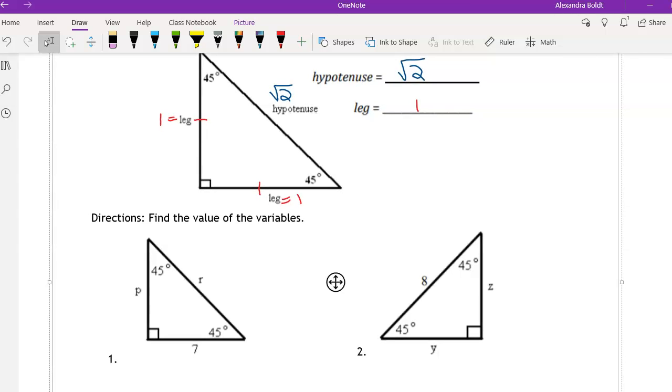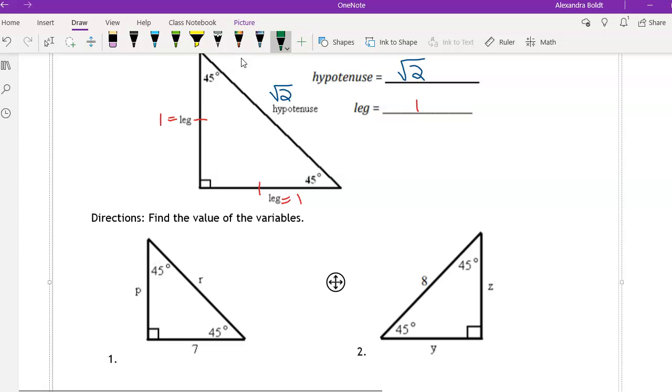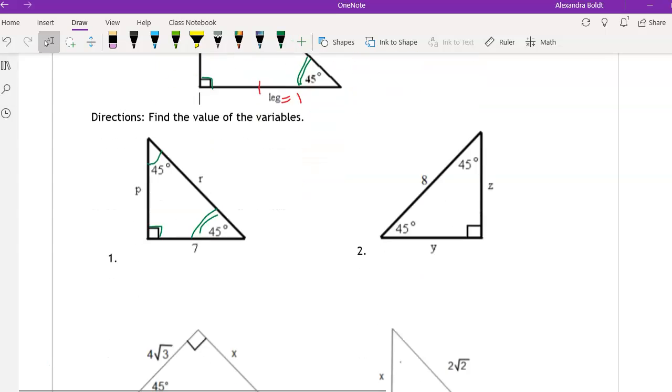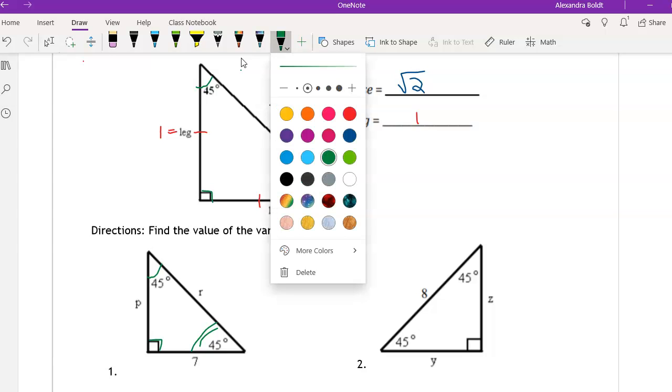If you look at these triangles, this triangle has a 45 degree angle and a 45 degree angle that's congruent, and a right angle that's congruent. So all the angles in these two triangles are congruent, and so therefore these triangles are similar.